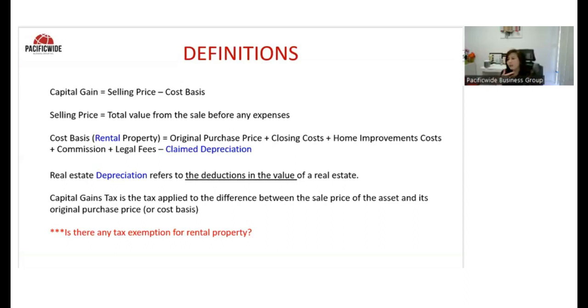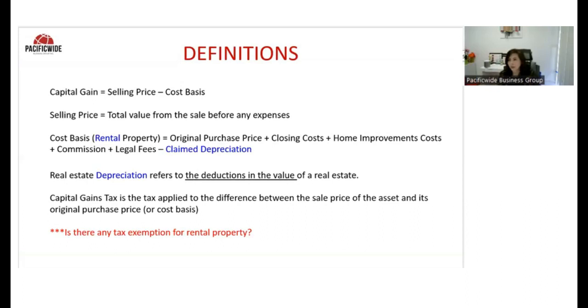But this is the beautiful thing about rental property. You can claim tax on every single thing. It's beautiful. I can talk about tax in the next training, or in another training. I will talk about Schedule E, how you file tax on your real estate investment.